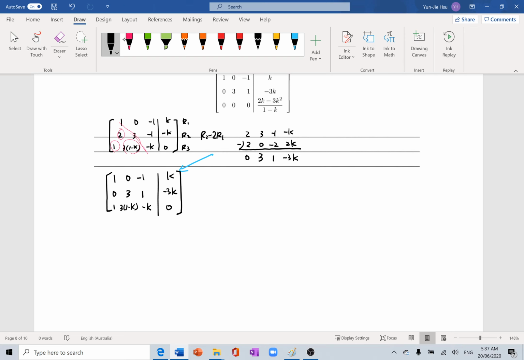Okay, now I will do row 3. I make here become 0, so I make row 3 minus row 1.